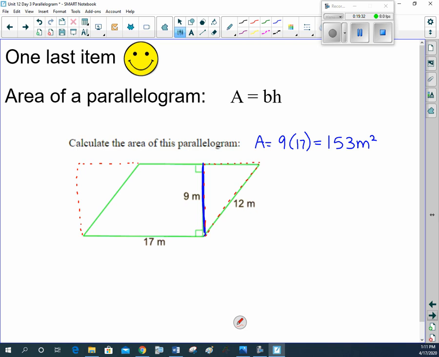So if you take this piece right here and you cut it off and you move it to the other side, you have created a rectangle. And how do you find the area of a rectangle? Base times height. So remember, base and height always have to be perpendicular. Okay, we're done.